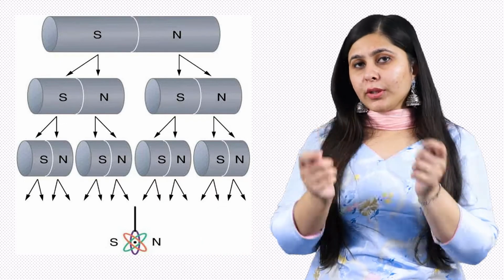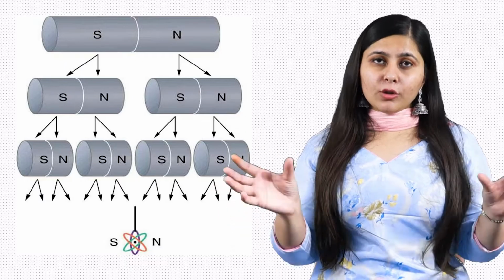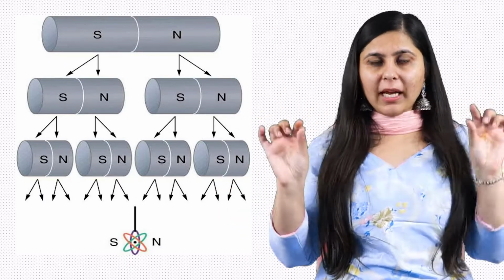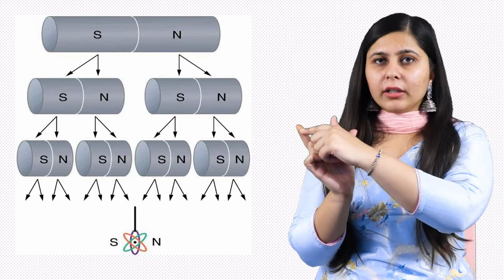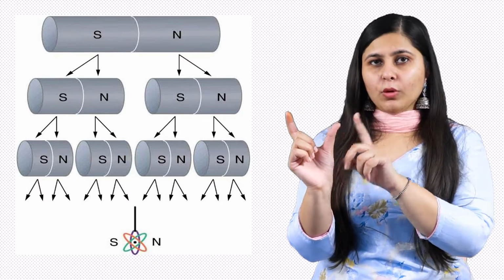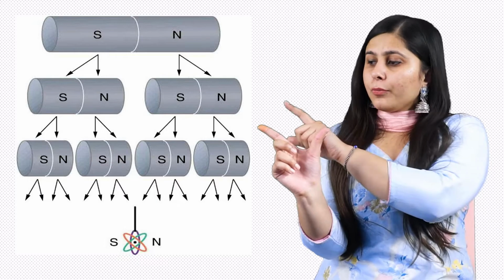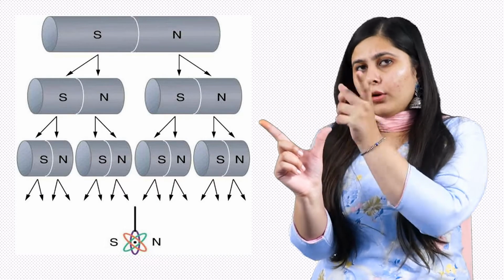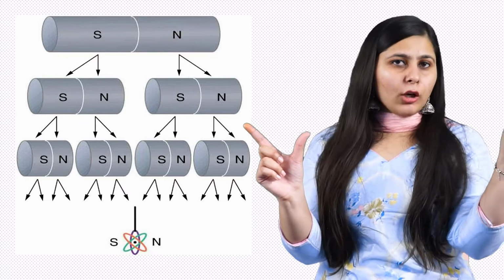But as soon as we are breaking a magnet, suppose this is a magnet, let's imagine that this is a magnet, my forefinger is the north pole and my thumb tells about the south pole of the magnet. So if I am breaking it, north pole is the original for the new magnet that is formed, and for the second magnet south pole is the original.